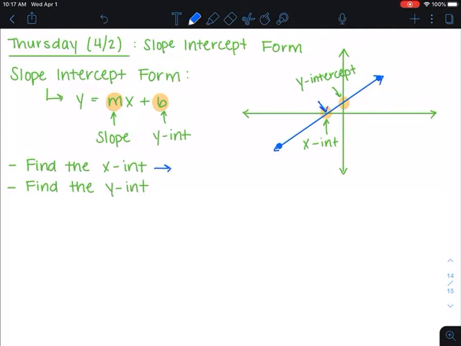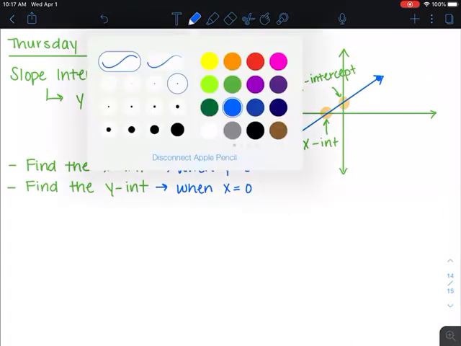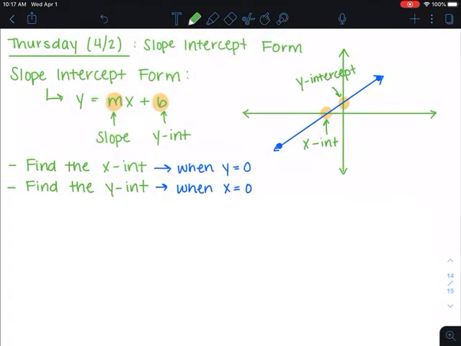It's where it lands on the x-axis. But basically, the x-intercept is when y equals 0, because you don't move up or down at all on the graph, you just stay at 0. And the y-intercept is when x equals 0.